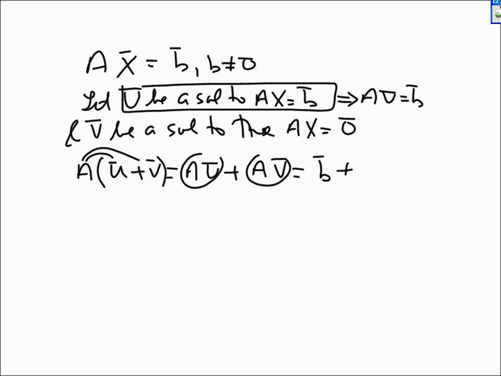Well, V is a solution to the homogeneous system. That implies AV is equal to the 0 vector. And B plus the 0 vector is B.